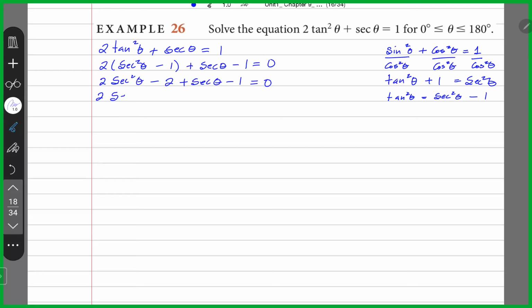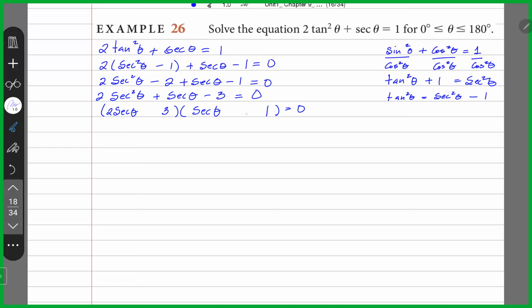2 sec squared theta plus sec theta minus 3 is equal to 0, because minus 1 minus 2 is minus 3. This looks like it can be factorized. So let's factorize to 2 sec theta, sec theta. Obviously, I think 1 should go here and 3 goes here.